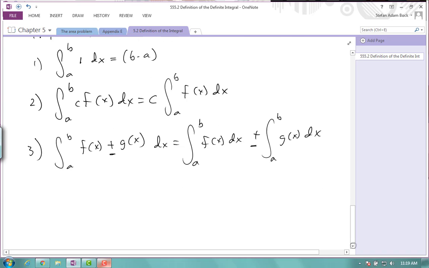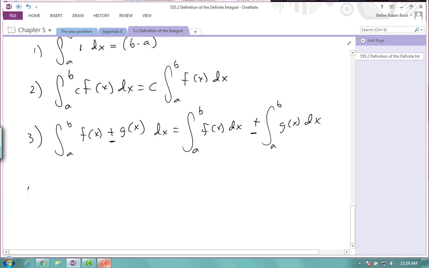But there are more. Let's see, that's 3. Here's 4. Integrals have a property we like to call independence of path. It doesn't matter where you go. What matters is where you start and where you finish.